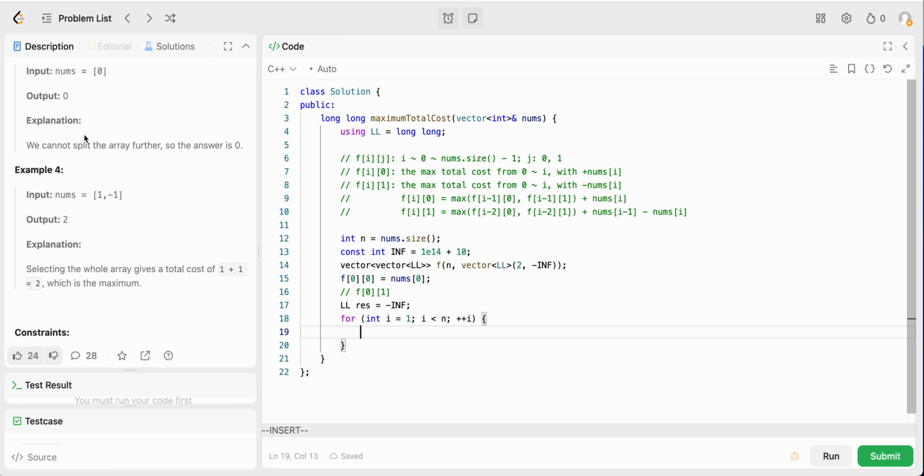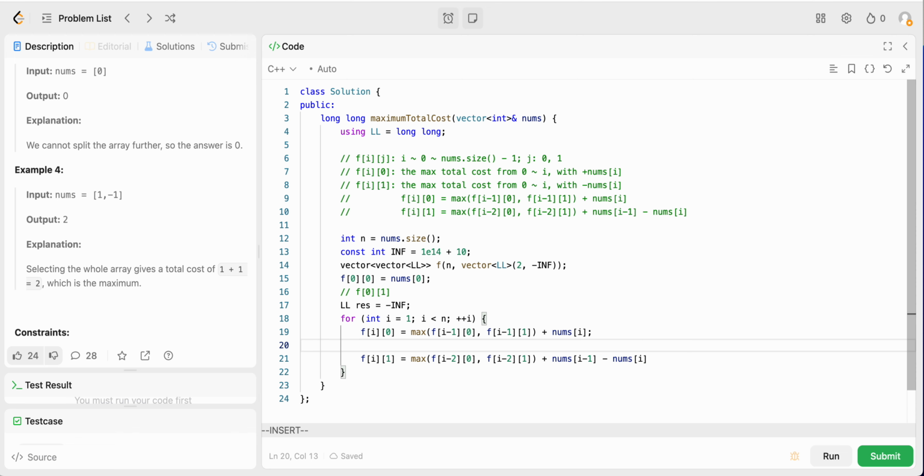And we will write the state conversion. First we have this one for f[i][0], and for f[i][1] we actually need to consider some boundary conditions.